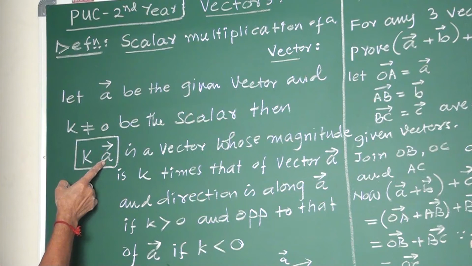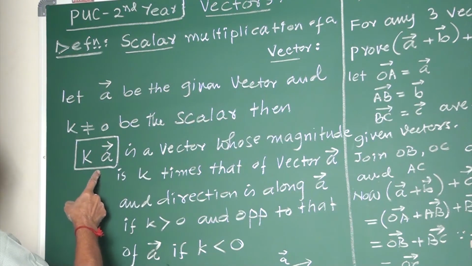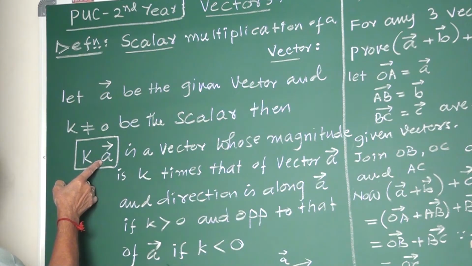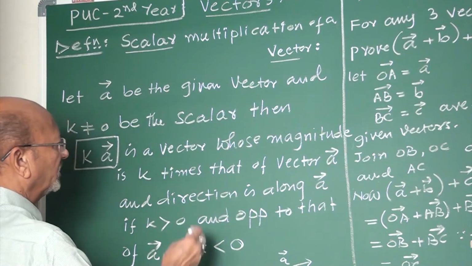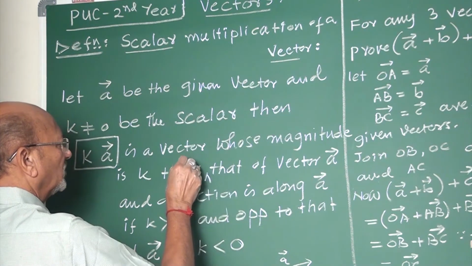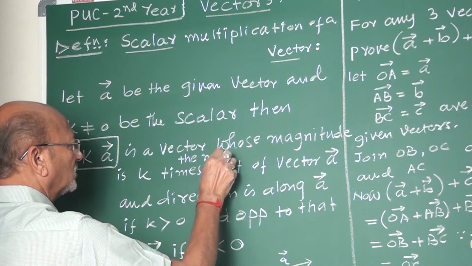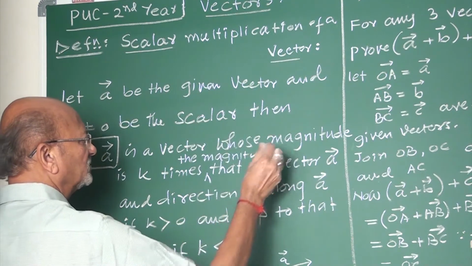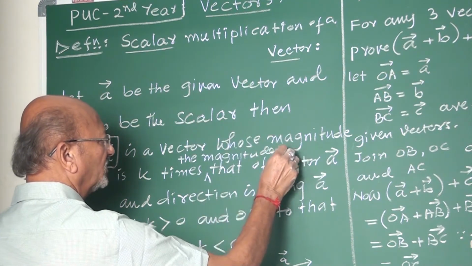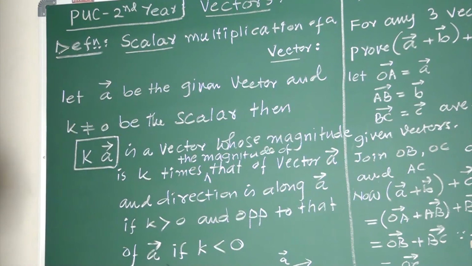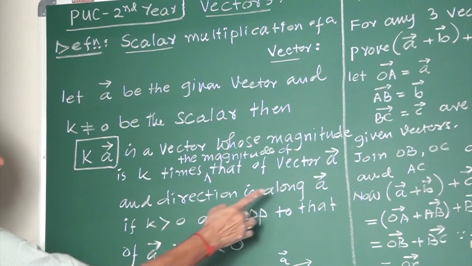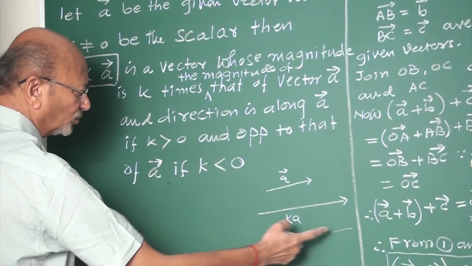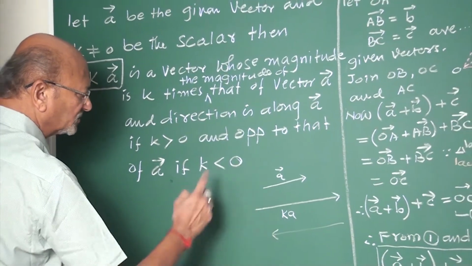Scalar multiplication of a vector is a vector quantity whose magnitude is k times the magnitude of the vector A, and the direction is along vector A if k is positive, opposite to A if k is negative.